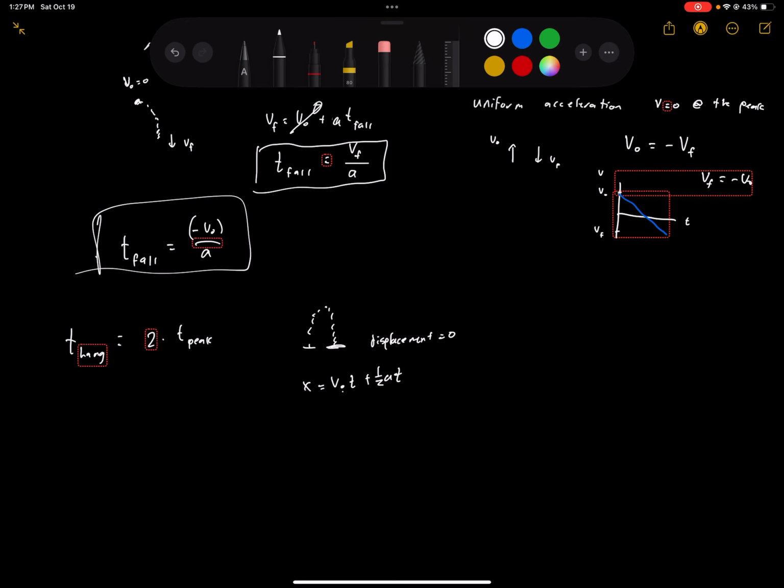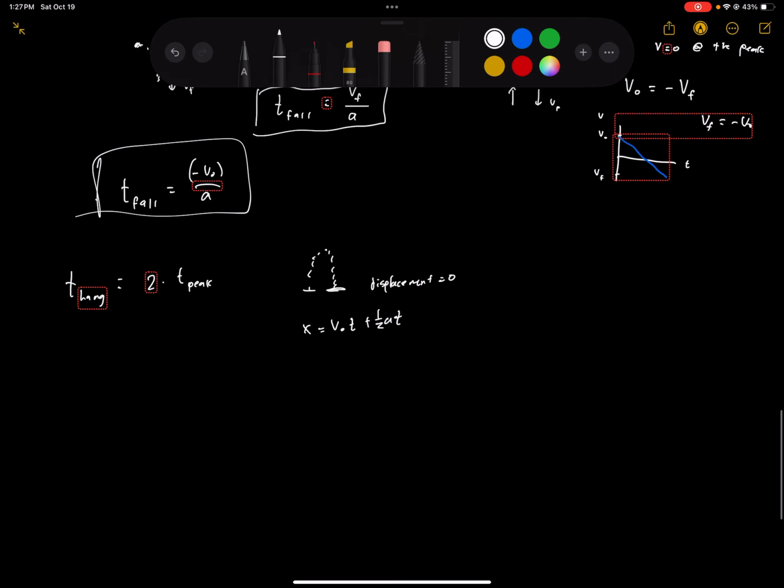We don't know what V naught is. We're going to leave this all in algebra. We're not using any numbers, right? So that's the whole point of this approach to the problem: you're seeing how the equations connect to each other when you're looking at a certain scenario, and how you can come up with these other relations. The fact that the fall time equals the peak time, the fact that your hang time is twice the peak time, and how do we know this mathematically? That's basically what we're going over now.